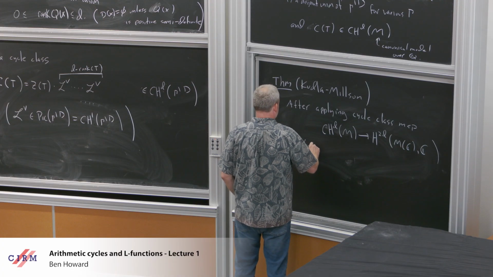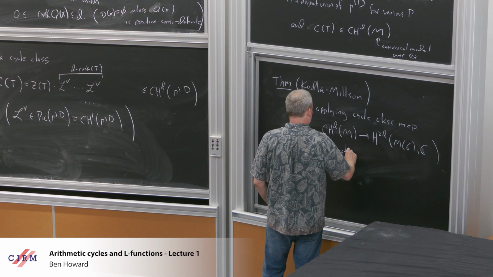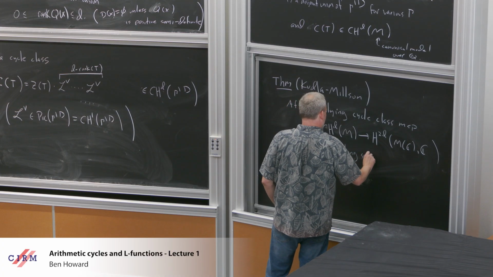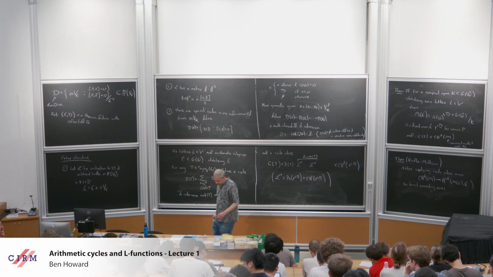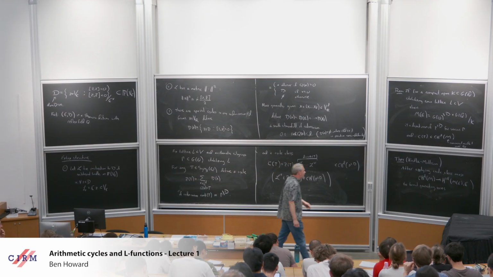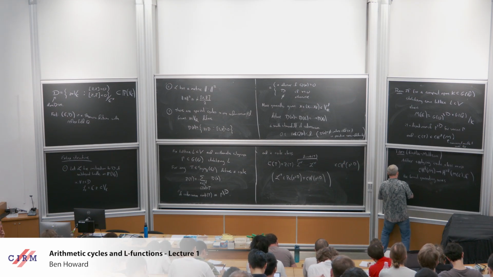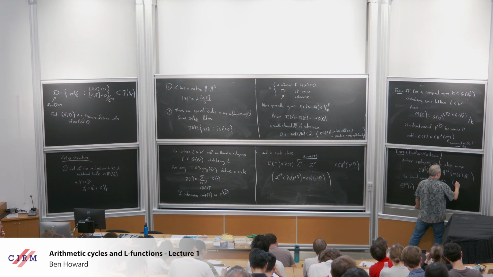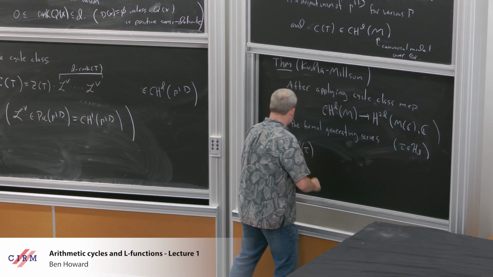The formal generating series, what am I calling this? Theta KM. So here, tau is in the genus D Siegel half space.